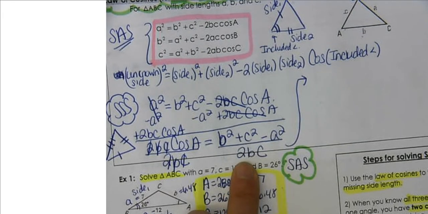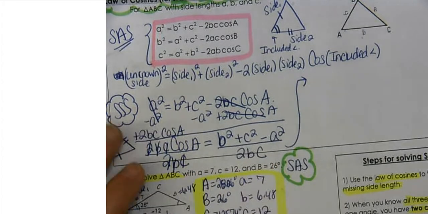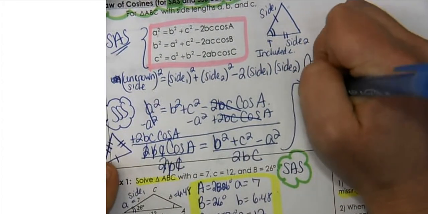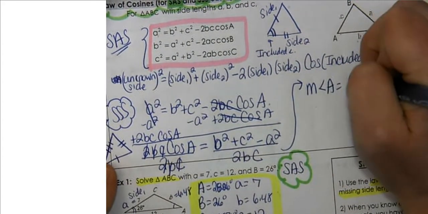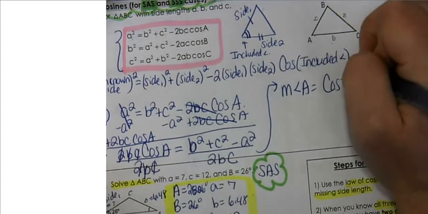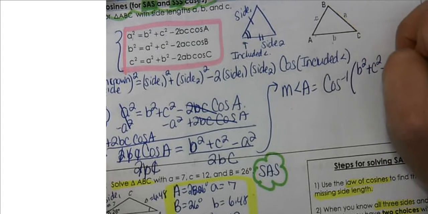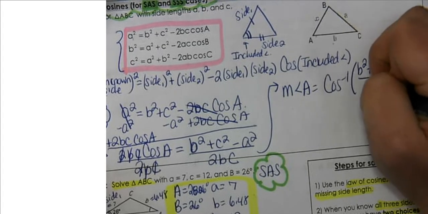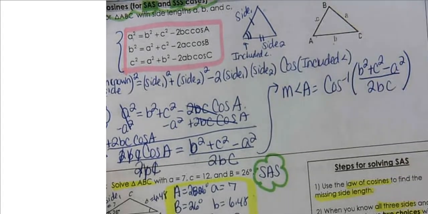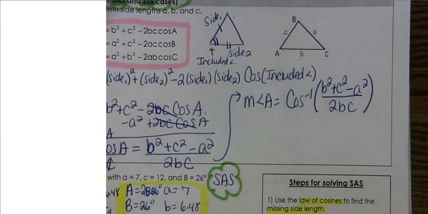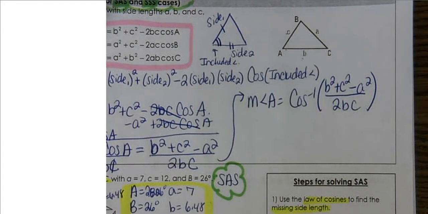Now I'm going to take the cosine inverse of both sides so that the measure of angle A is equal to the cosine inverse of this fraction, b squared plus c squared minus a squared divided by 2bc. This is a formula that I want you to know, and we would do the exact same steps every single time.